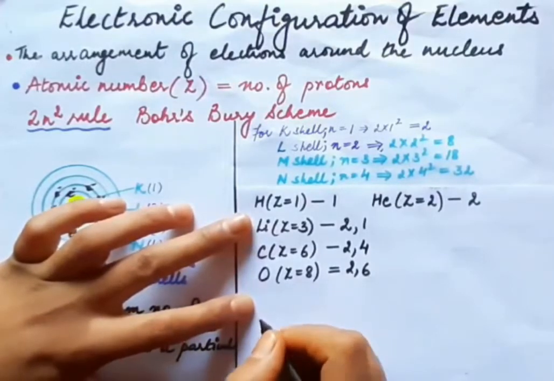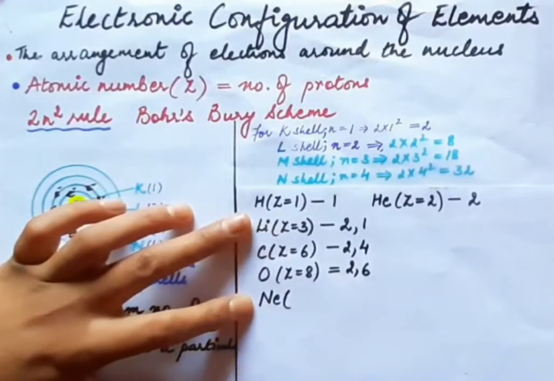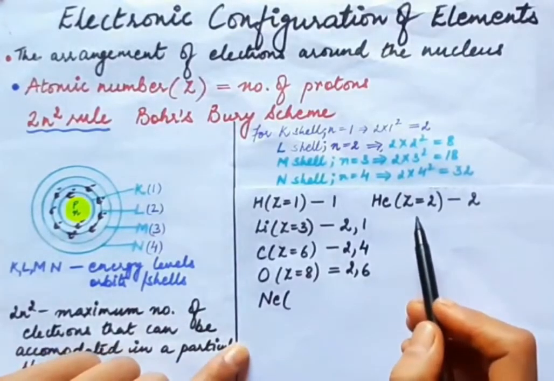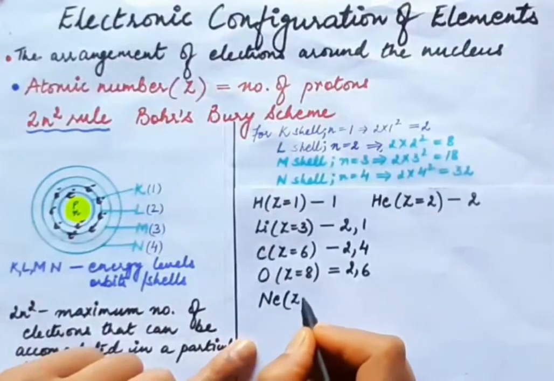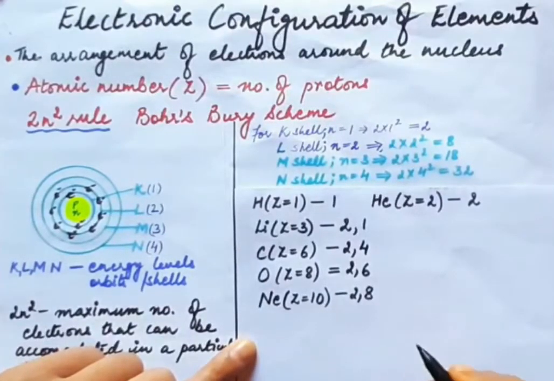From oxygen, let us move to the next element. Let's say we take the example of neon, which is a noble gas. Noble gas means it is an inert element having a stable electronic configuration. Stable means it should have 8 electrons in the valence shell, except for the case of helium. Since the atomic number here is 10, the electronic configuration is 2, 8.